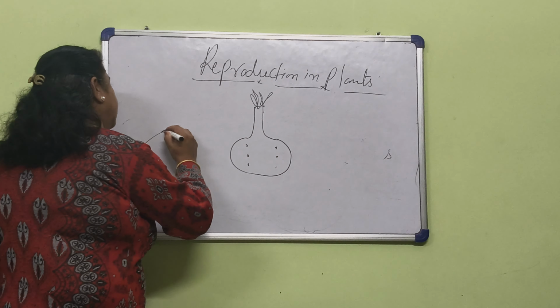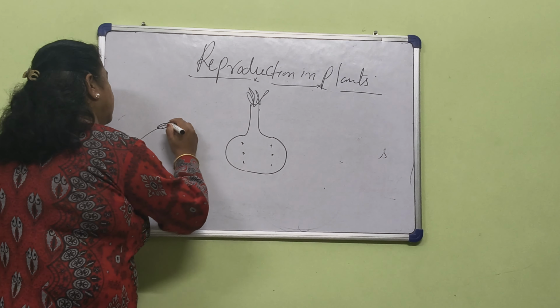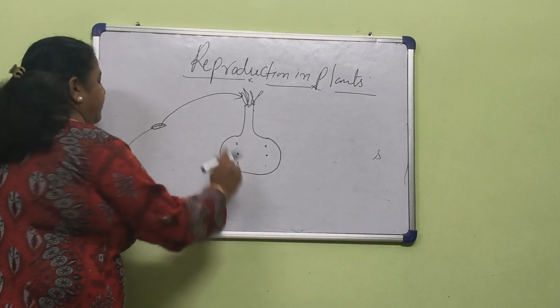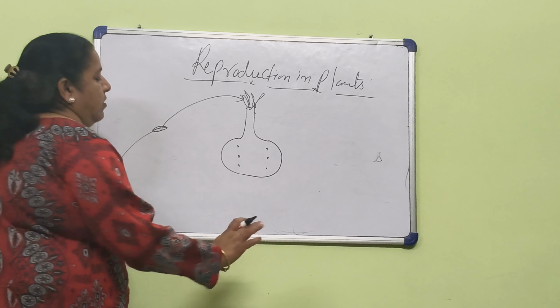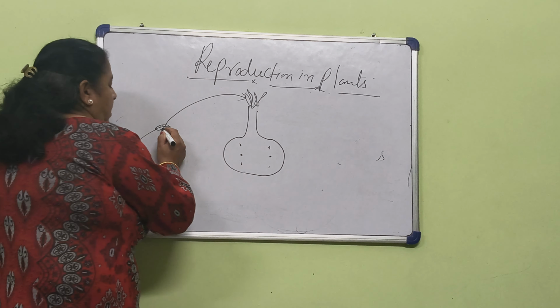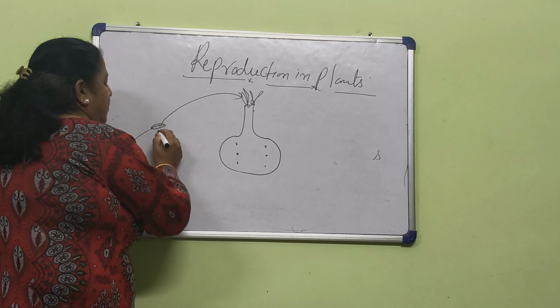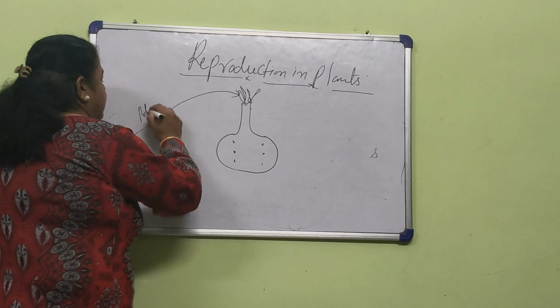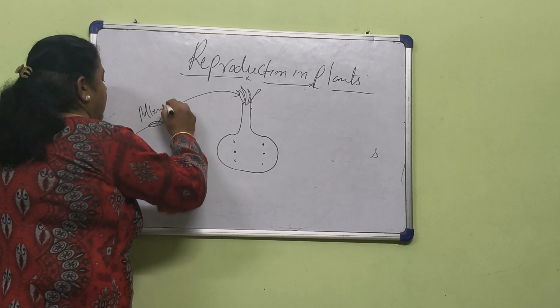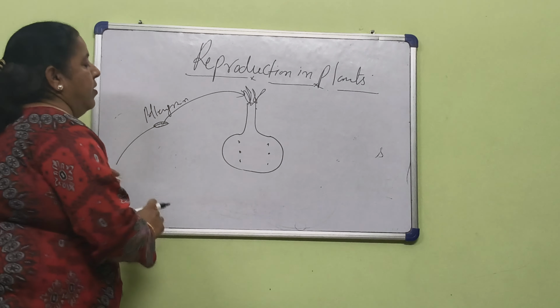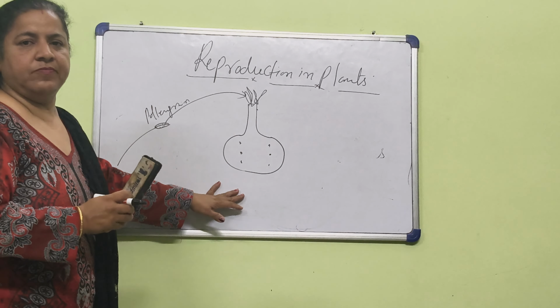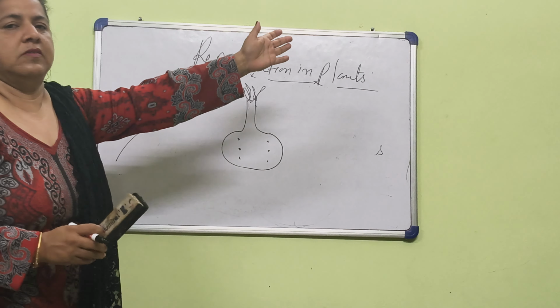These pollen grains from the anther lobes go to the stigma of the flower. These are anther lobes. These are pollen grains reaching the stigma. Maybe the same flower, same plant, or maybe another plant.